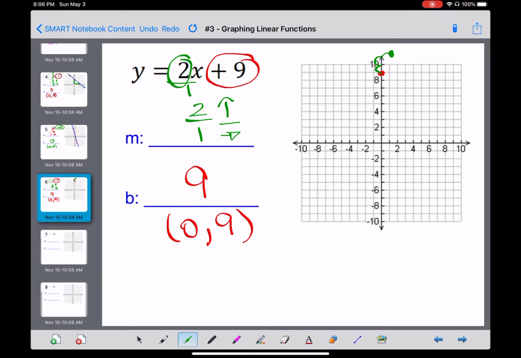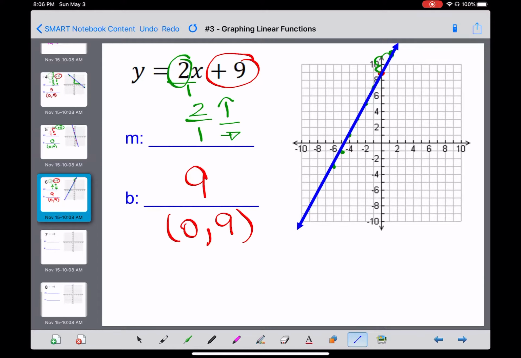At least it's going to guide me and tell me in which direction my line is going. So now I know that I can do the opposite: down 2, 1 to the left, and then we just connect them. Okay, so this was enough for S7.